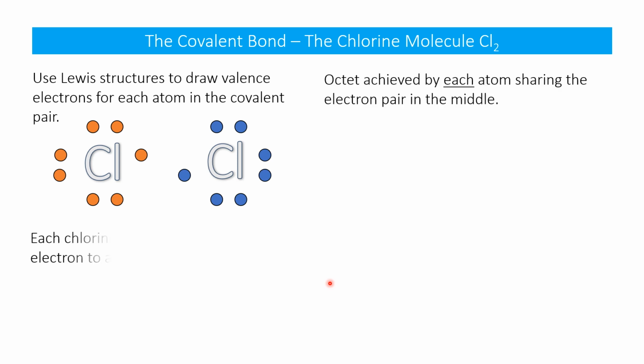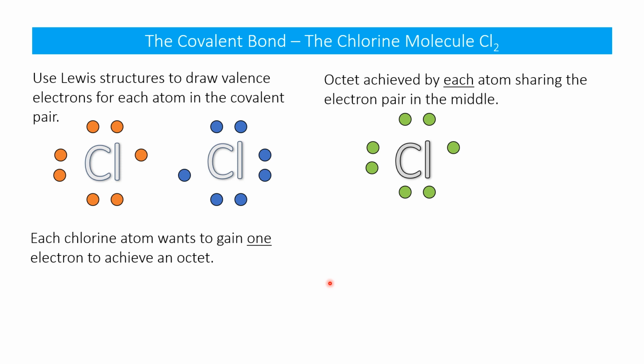So remind yourself that each chlorine needs to gain an electron to get that octet. The octet in this case will be the neon octet because we already have a certain core. Now, look carefully. We have this chlorine and we combine with that chlorine, and now they're sharing electrons. They're sharing a pair.